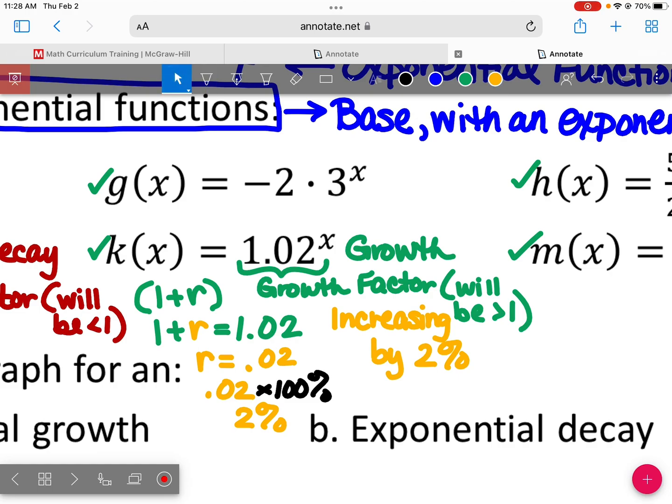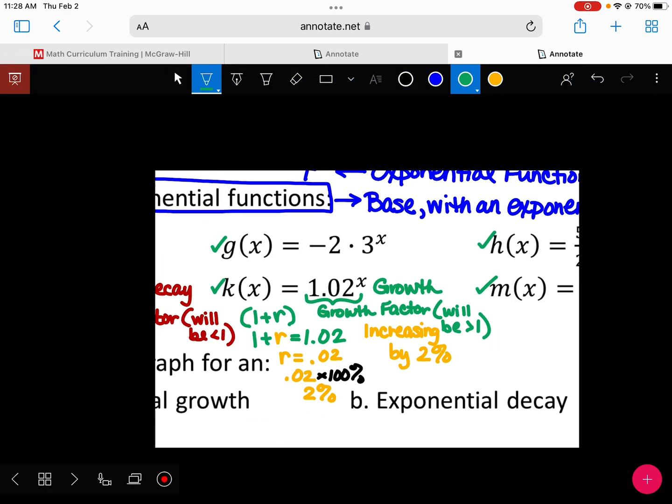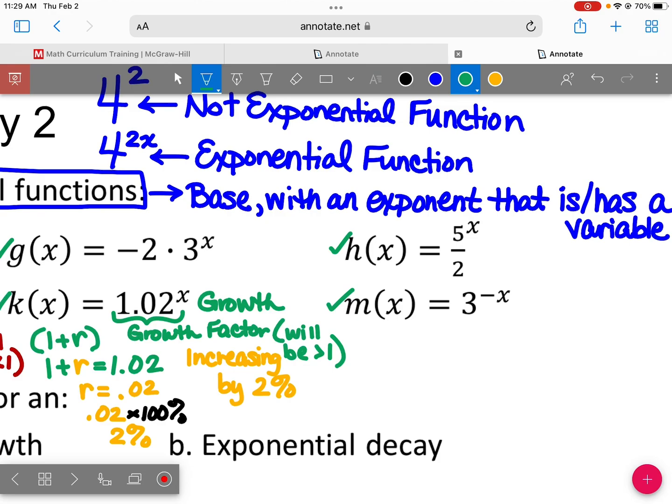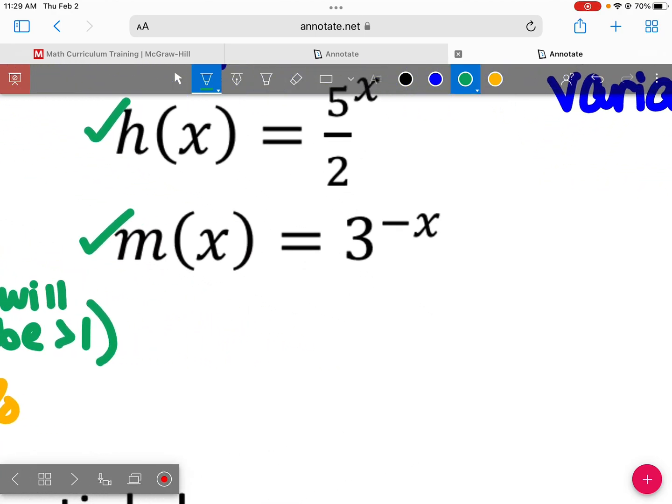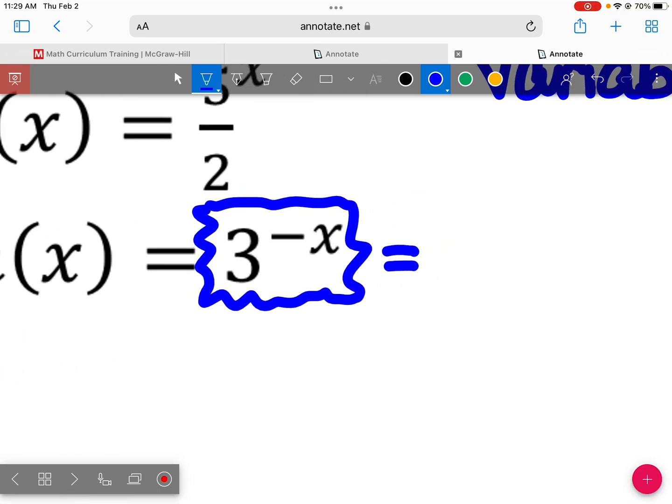Let's try another one. Let's look at m of x. Is this one showing me growth or decay? Be very careful. Decay. Why? We have a negative exponent. How could I rewrite this? What does a negative exponent do?